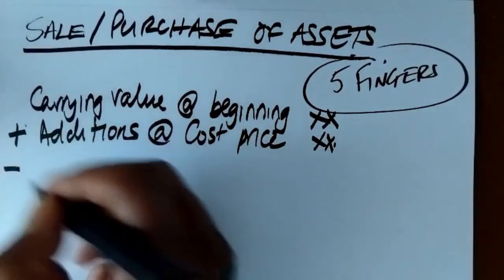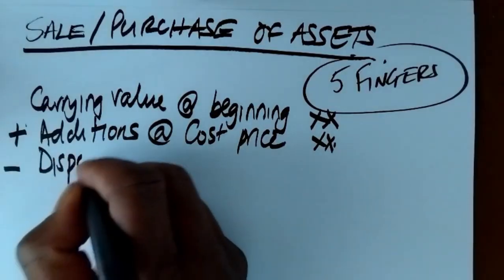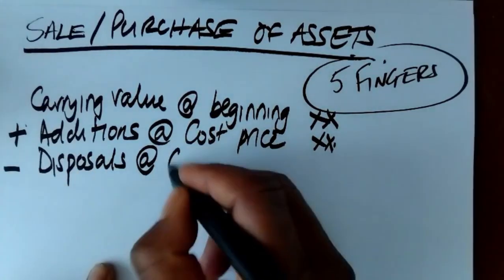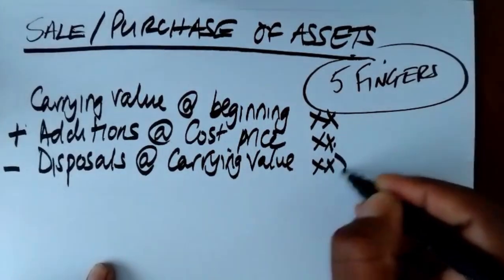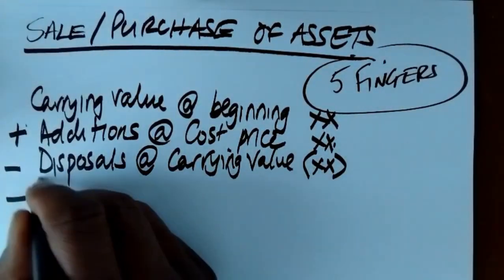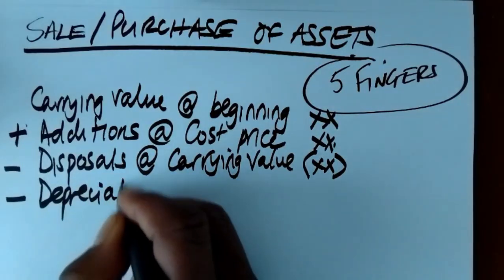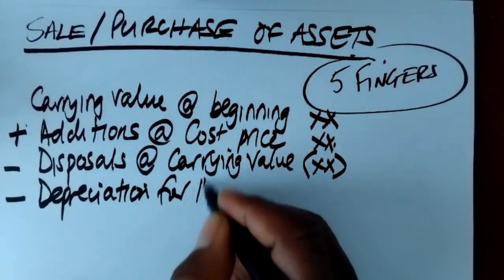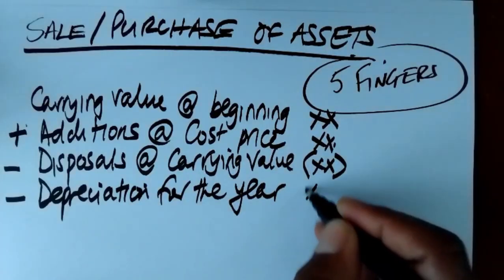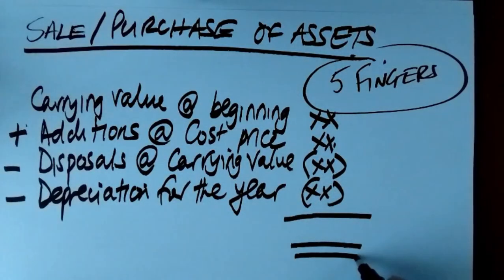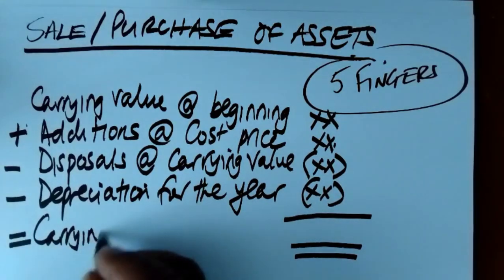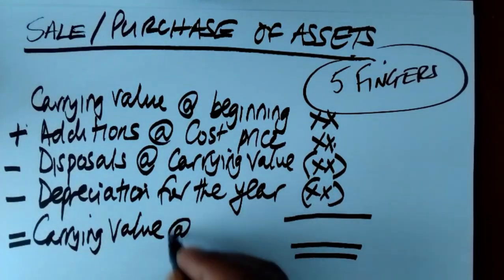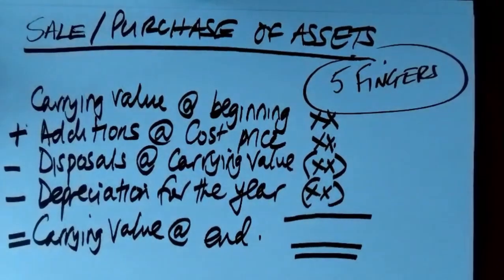Finger number 3, minus disposals at carrying value. That's finger number 3. Then finger number 4, minus depreciation for the year. This will be equal to finger number 5, carrying value at the end.